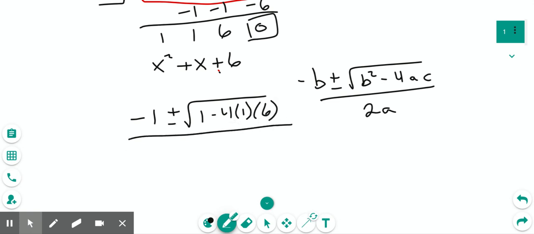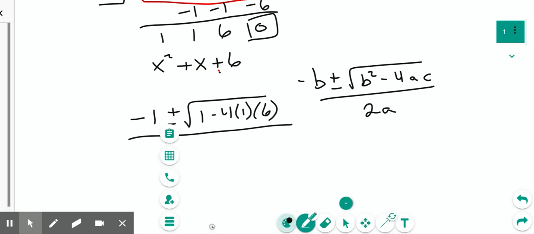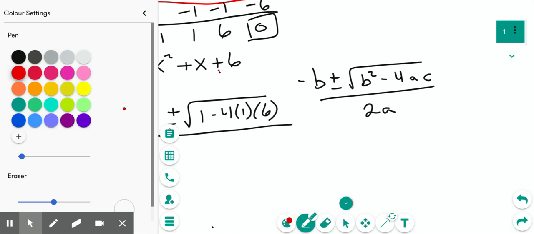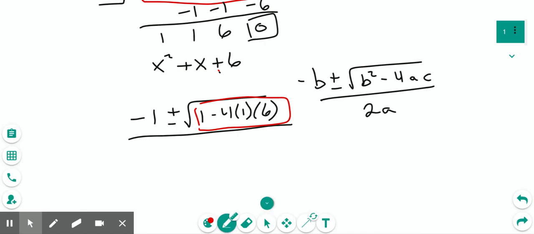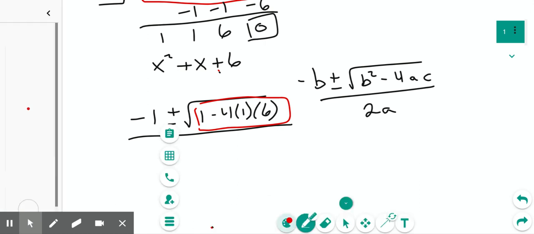Well, this tells me in what's called the discriminant, which is right here, this is 1 minus 24. Well, that tells me I'm going to have a complex solution. So let me finish this up here.